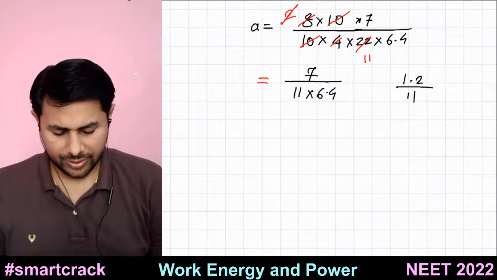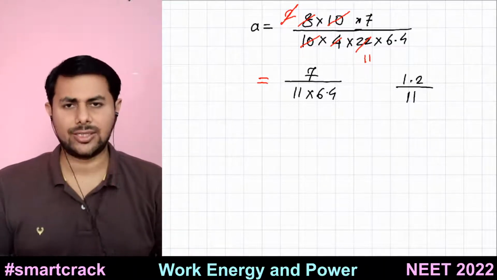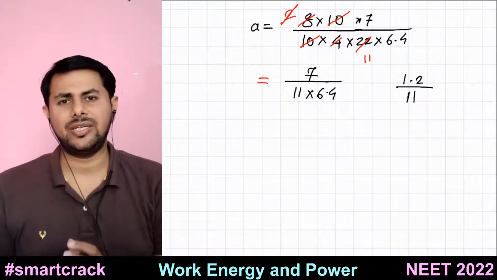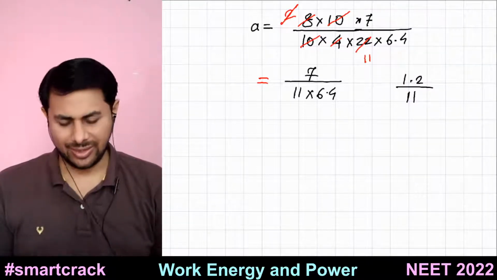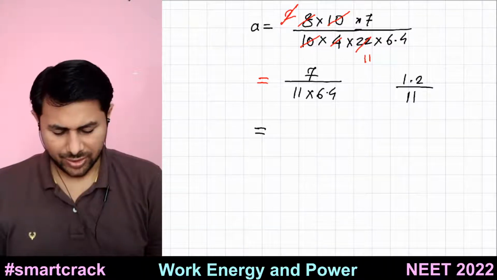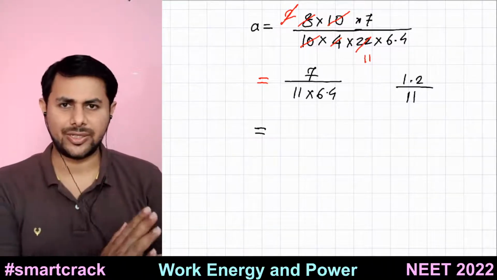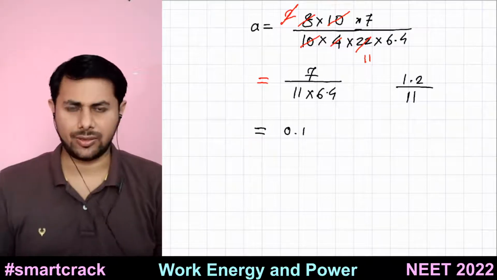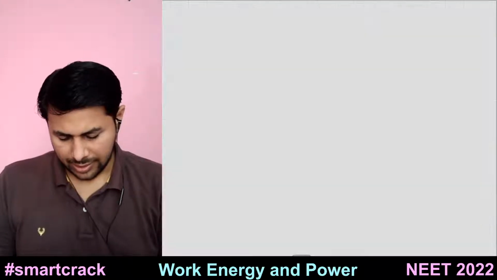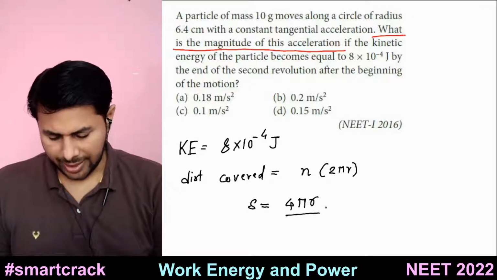Divided by, I have 11. Okay, so what I have done is 7 divided by 6.4. So I'm guessing it will be somewhere close to 1.2, and I'm dividing that by 11, it will be somewhere close to what? The point will shift. It will get shifted towards the left. So it will be 0.1 something. Okay, and that should be my answer.